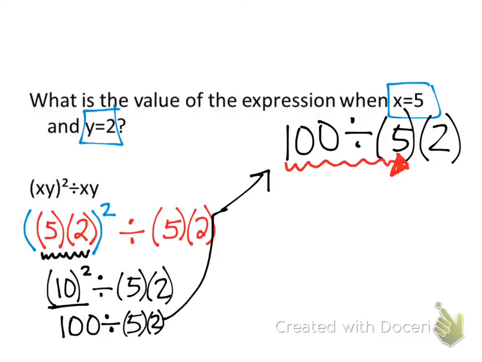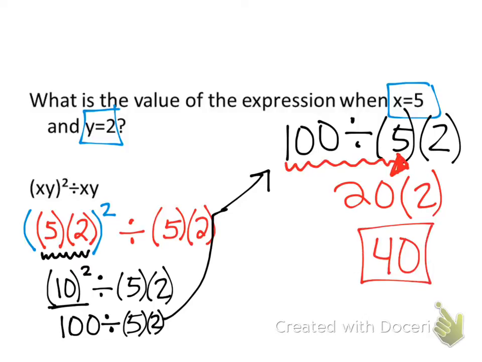So, just because in please excuse my dear Aunt Sally, multiplication comes first, remember they're actually at the same time. So what is 100 divided by 5? 20. And what is 20 times 2? 40.